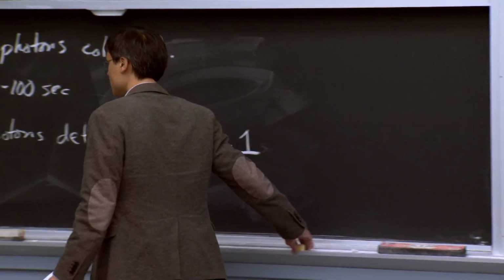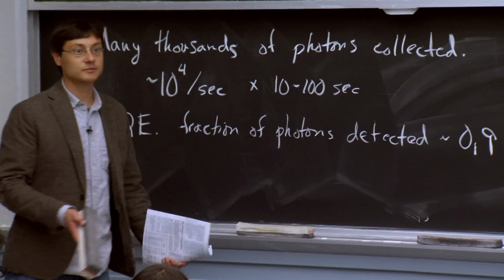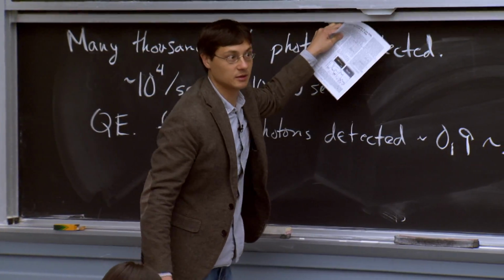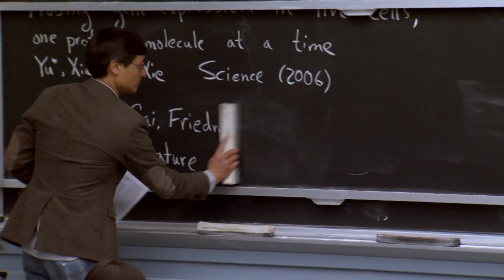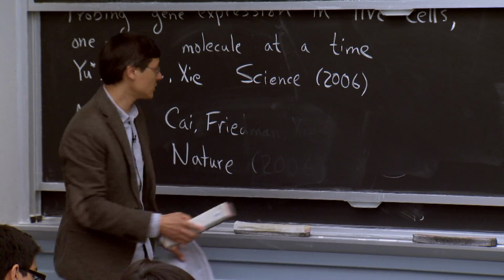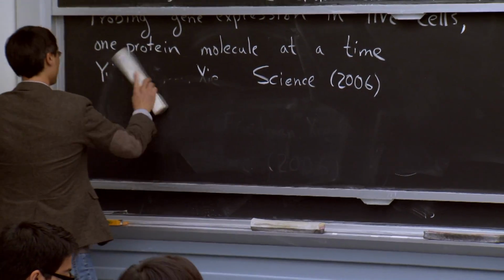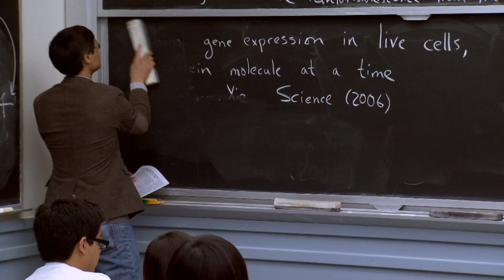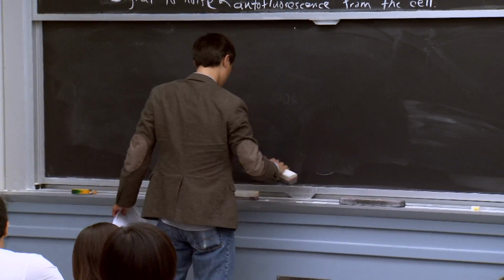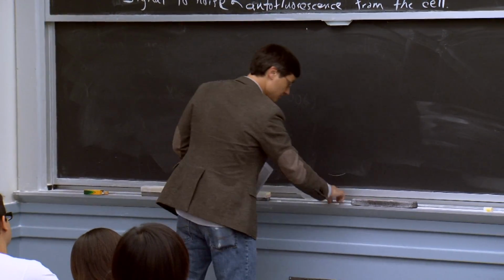So can somebody remind us what the authors did in order to get around the diffusion problems? Yeah, right. They attached it to the membrane. And why does that help? Yeah, that's perfect.